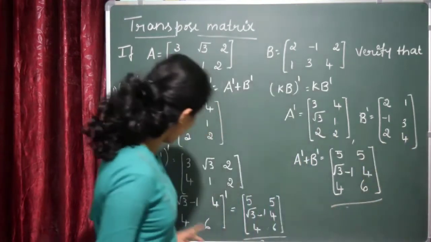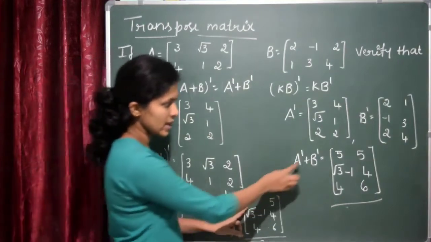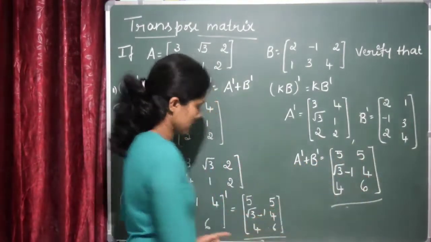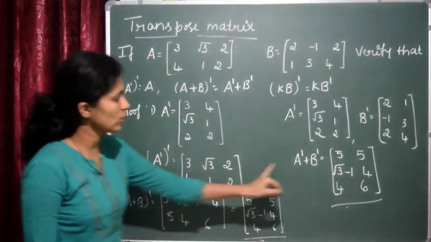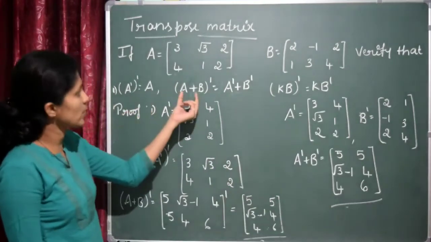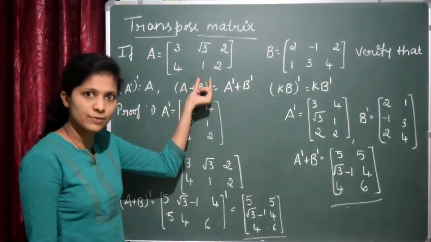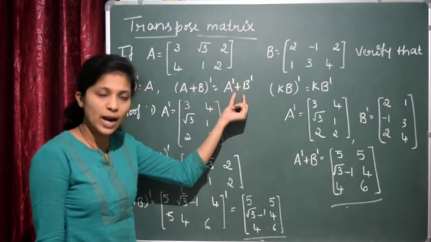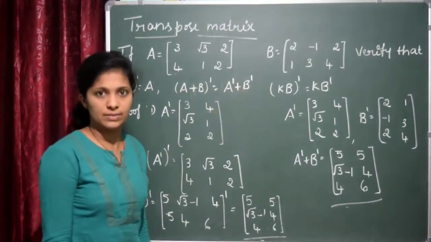So we check this one, (A + B)': 5 and 5, root 3 minus 1, 4, 4 and 6. So (A + B)' is always equal to A' + B'. First you add A + B, then take the transpose of that. Here you find the transpose of A, the transpose of B, then you add. Those two are always equal.